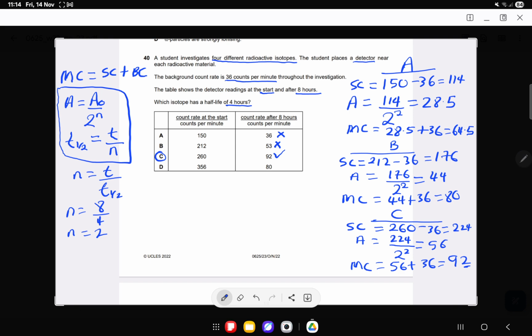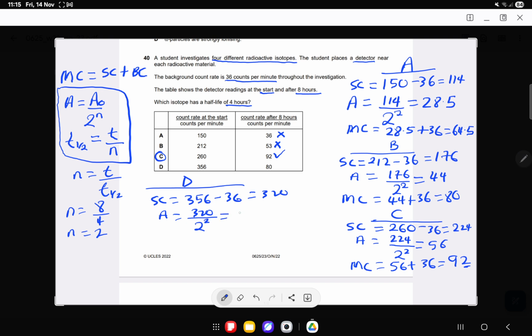If you want to double check, you can double check for option D as well. For option D, our sample count rate will be equal to 356 minus 36, which will give us 320. So our sample count rate after the 8 hours, A, will be equal to this 320 over 2 raised to the power of the number of half-lives, which is still 2.